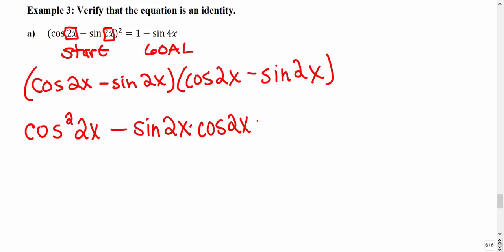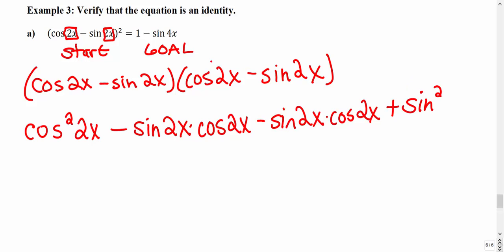Inner times the inner, that's minus sine 2x times cosine of 2x. Last times the last, that's a positive, same trig function, so sine squared, with the same angle, so sine squared of 2x.